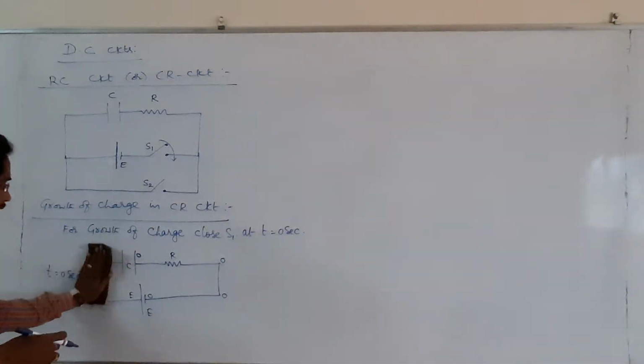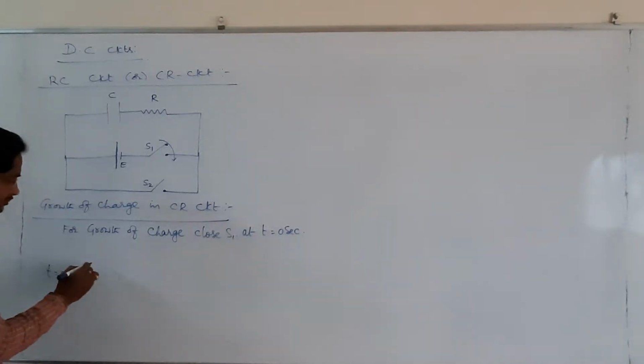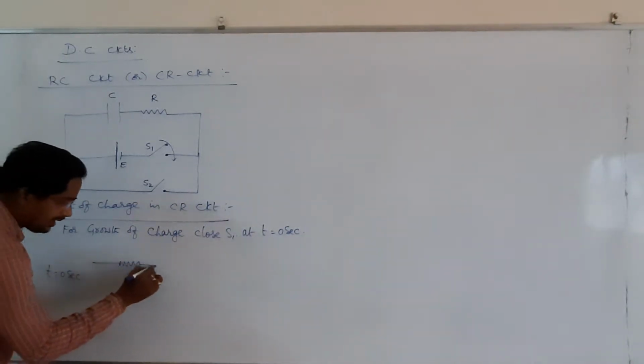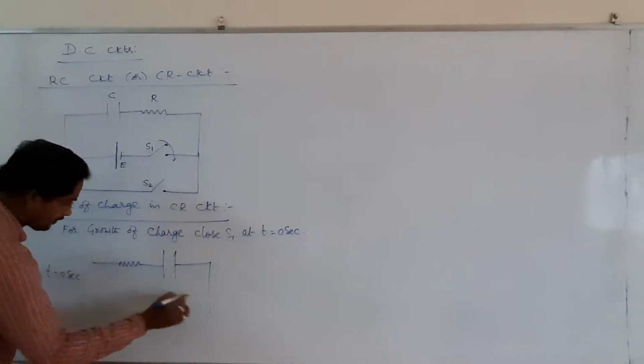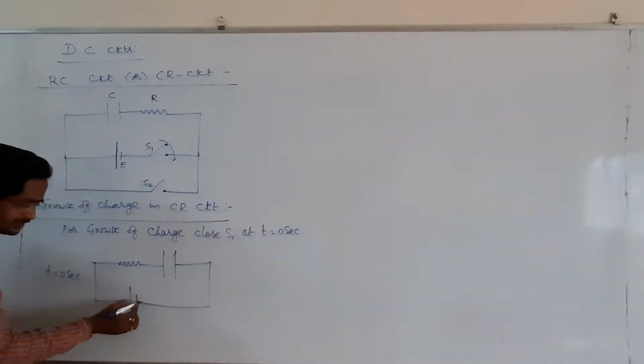I am going to change the diagram for your better idea. See here. First take the resistor here and the capacitor here, and the battery connected to this. What is the potential difference here?